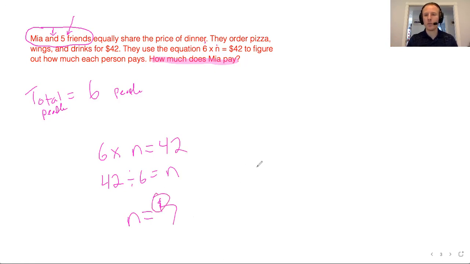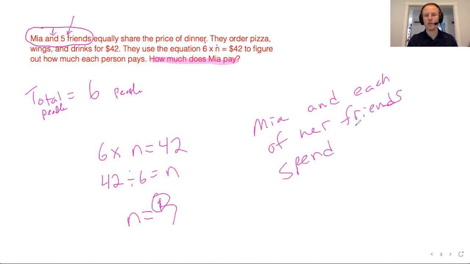That unit right there, the money, that's important. So if you answered this question, there are 7 people, that would be incorrect, even though you answered the number properly. You need to pay attention to what that number means. In this case, it's asking you how much they pay, and they pay $7. So Mia and each of her friends spend $7.